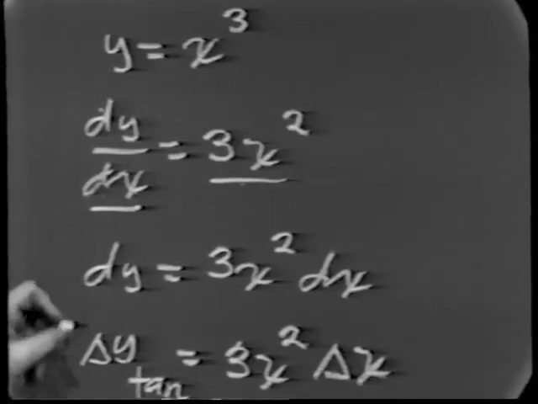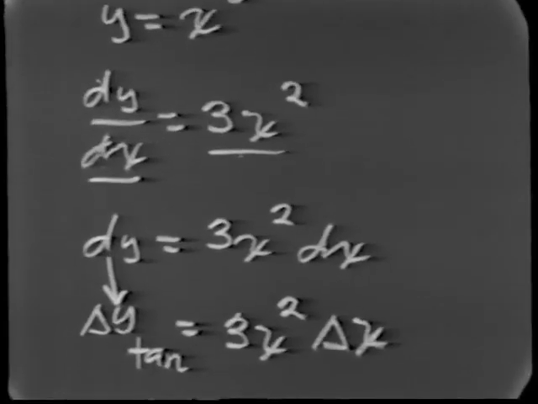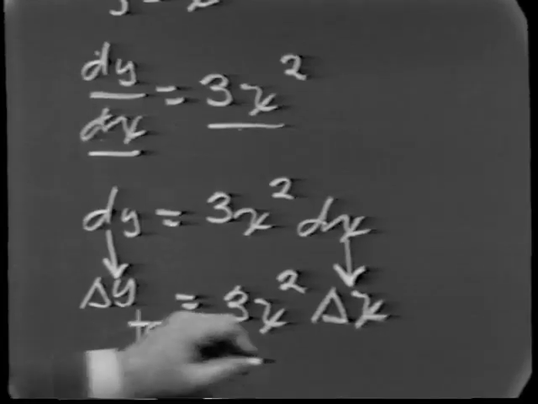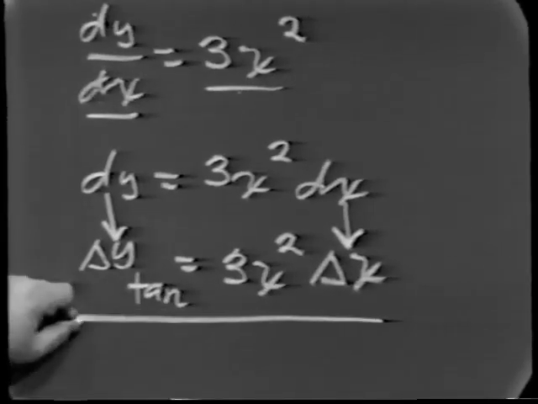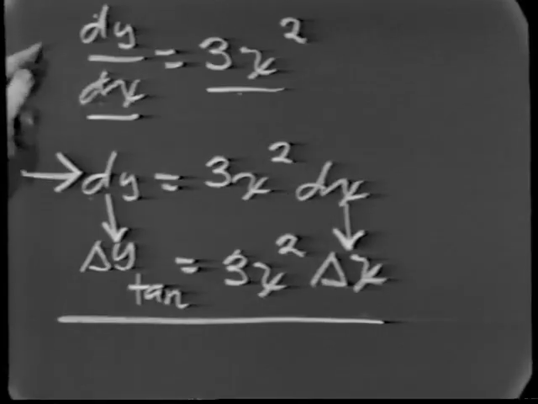And the answer is that since we've defined dy to be delta y tan, and since we've defined dx to be delta x, and since we already know that this recipe is correct, it means in particular that we can now write things like this without having to worry about whether it's proper or not.